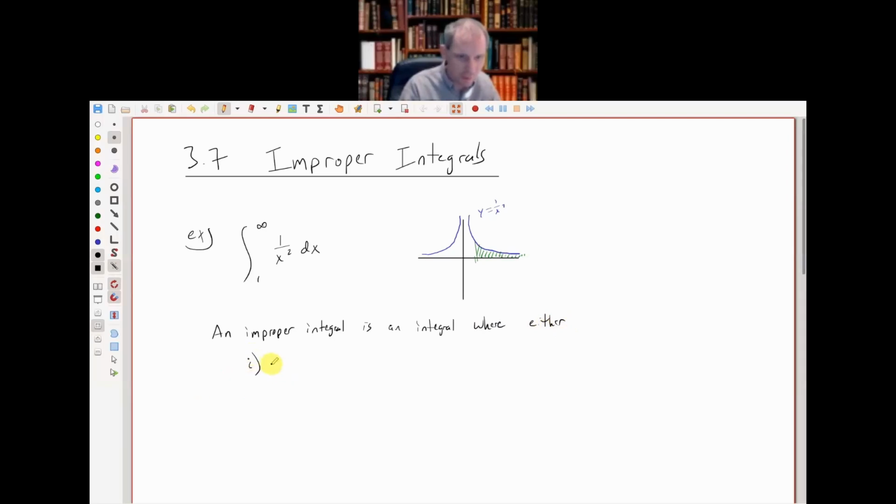So either one of the limits is infinite, which could be infinity or negative infinity, or it might be that the function is not continuous on the interval that we're integrating over.